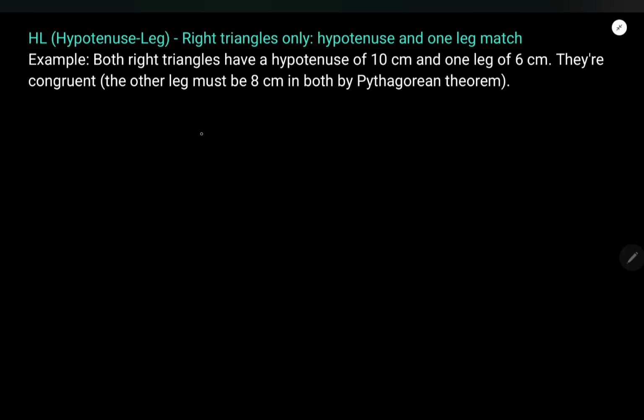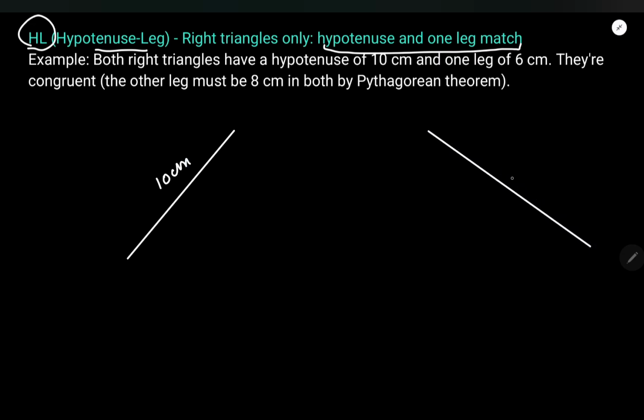Next is the fourth. The fourth is only for right angle triangles. They are saying if you have two right angle triangles, and the hypotenuse and one leg match, it is the hypotenuse-leg, HL rule. So you say you have a right angle triangle, this is the hypotenuse, this is 10 centimeter, and one leg is 6.